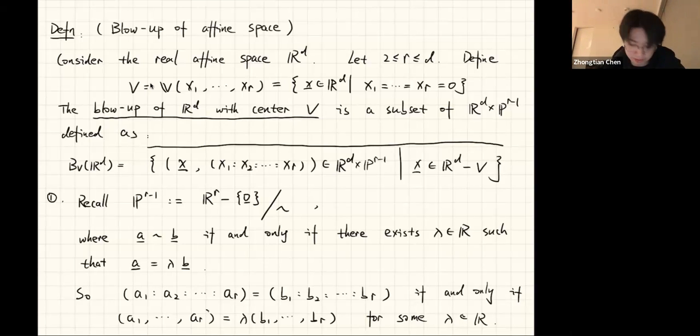The usual notation, a1 comma through ar, just means points in affine space. But in projective space, we change to this notation to reflect that this is an equivalence class.